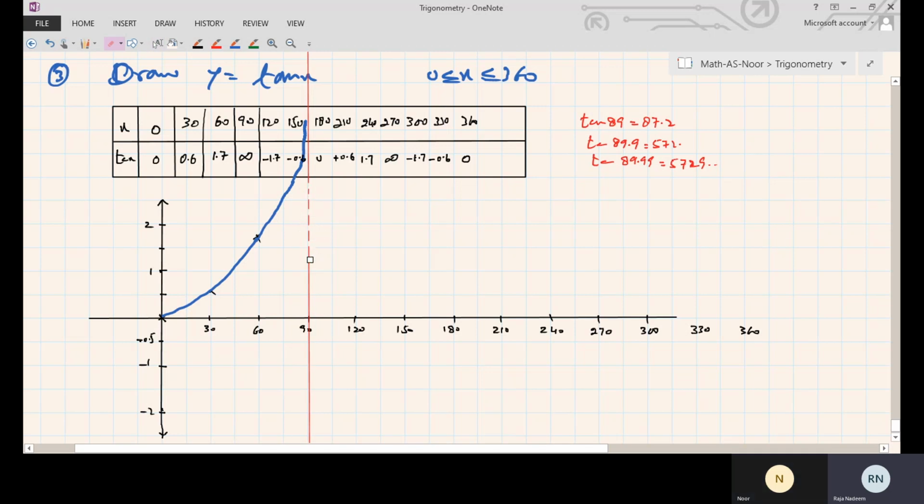We show that this is a dotted line. A dotted line means our curve will not cross or touch the line. So we draw a dotted line.